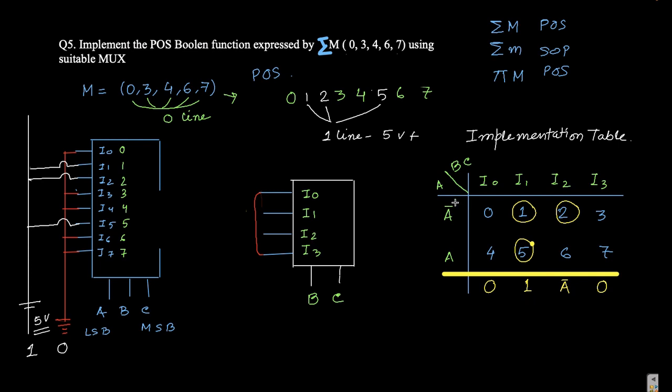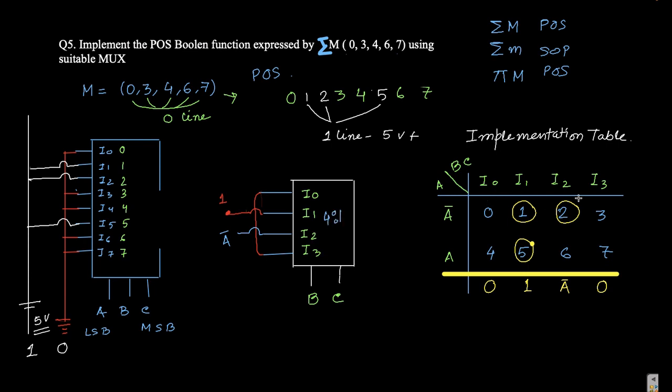So if we draw this, I1 becomes 1 and I2 becomes A bar. This is how we can implement the circuit diagram using 4:1 MUX in the POS form.